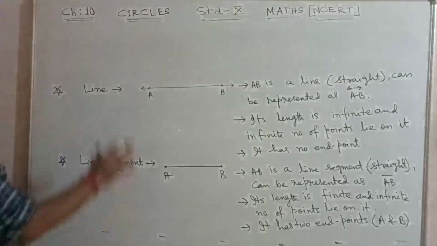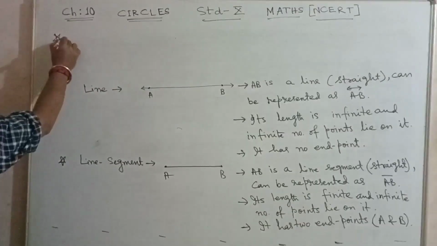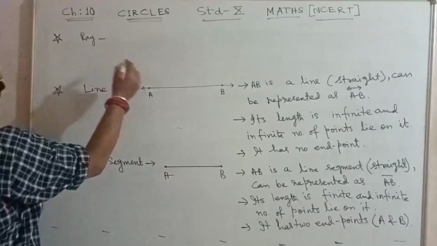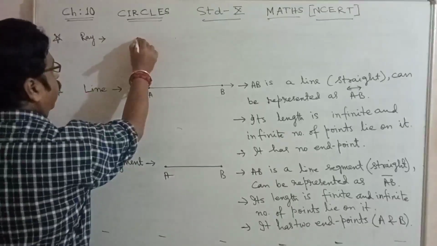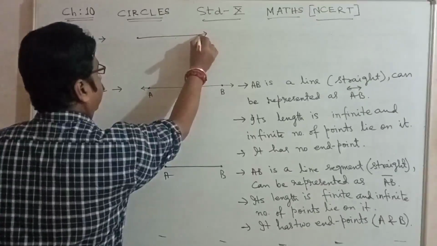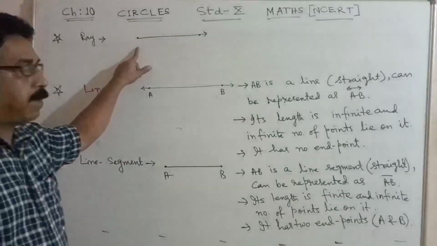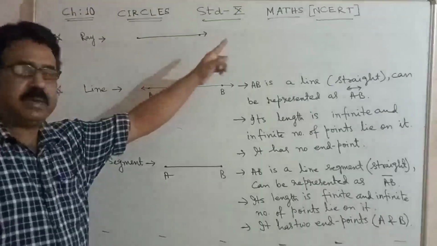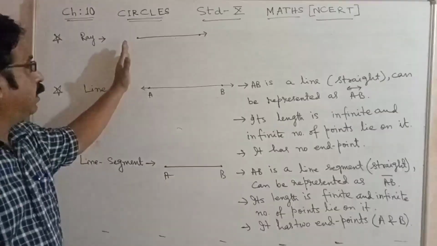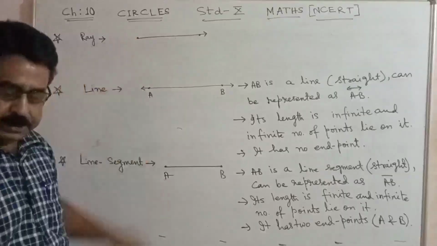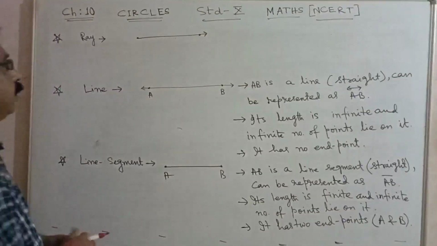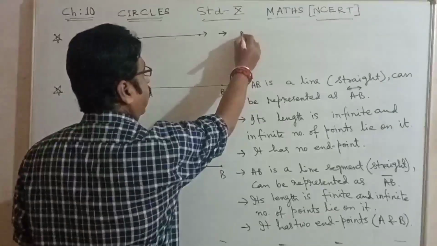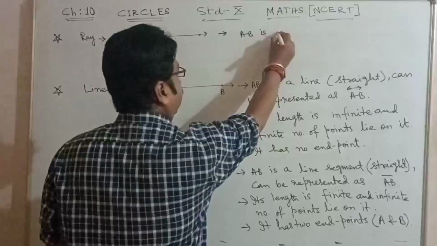From this line, if we take this part, let us see. One end point, and another side can be extended infinitely, and on one side there is only one end point. This is called a ray. AB is a ray.